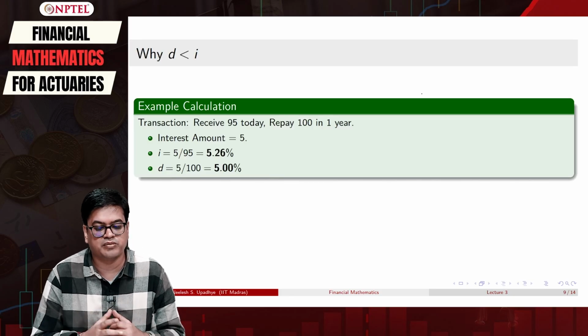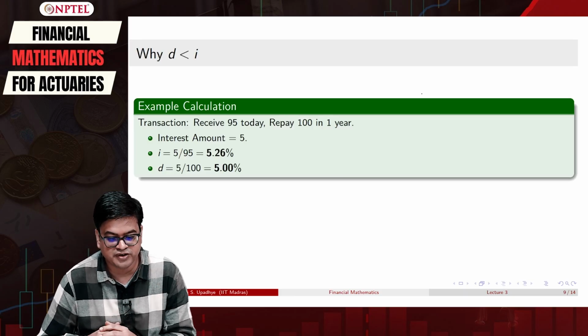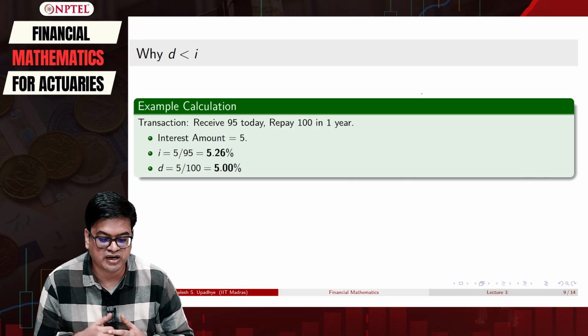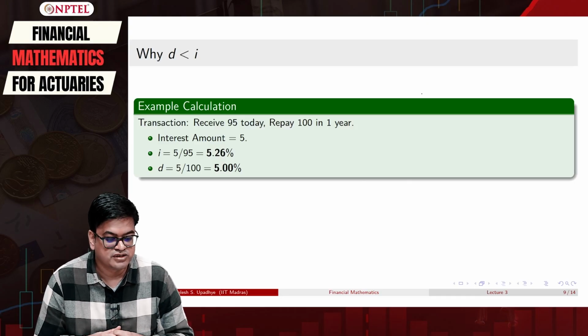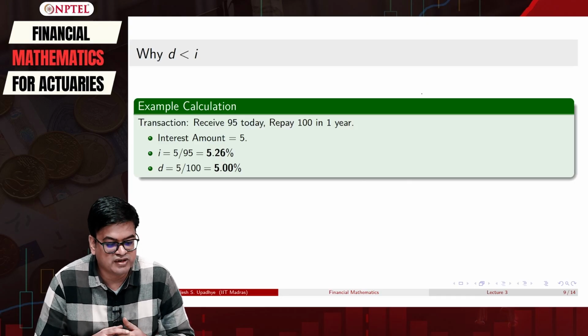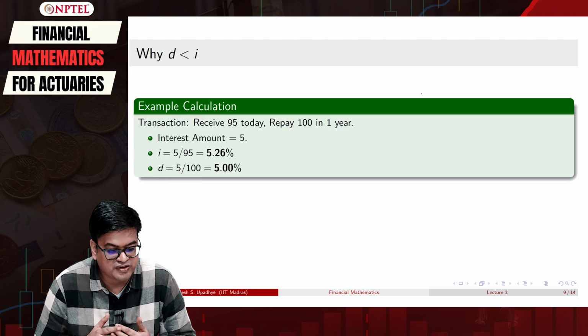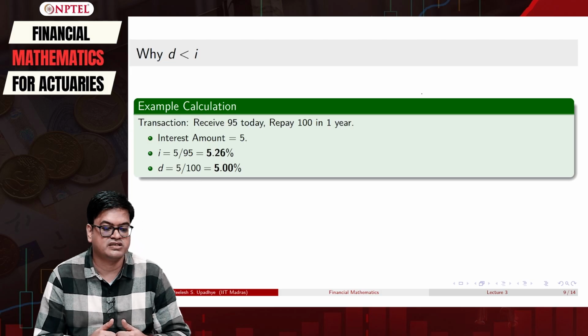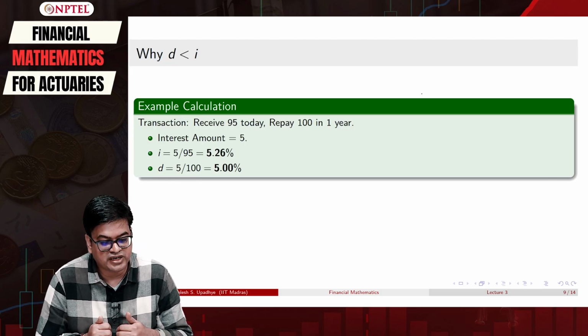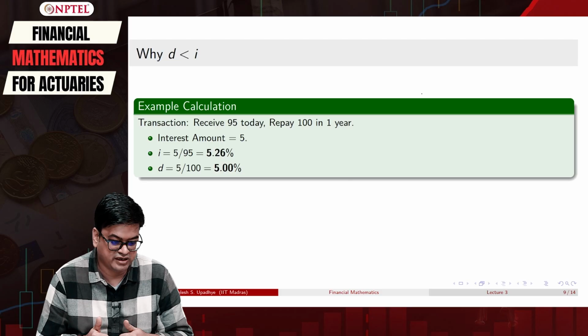So here is the example. When you go to a bank, you receive 95 today, but you repay 100 in a year, right? So how do we calculate the interest? The interest amount is 5.